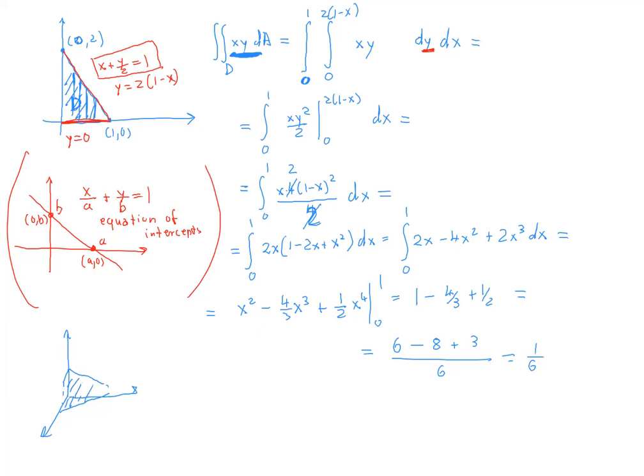So the region that you get must have positive volume in the sense of the signed volume that we get in double integral. So it's a little bit of a fail-safe in the end to make sure that we got a positive number. If we got a negative number for such a function that happens to be non-negative over this specific domain, then we know that we would have made some mistake.